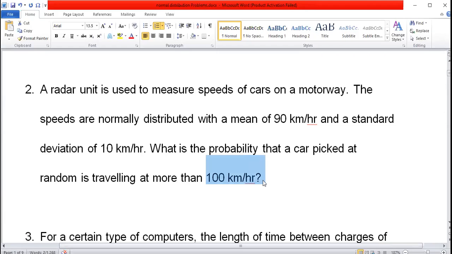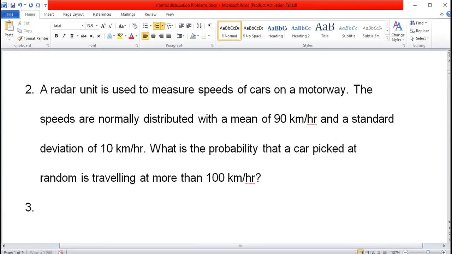So you are looking at the probability where? Probability that X is greater than 100. Exactly. This is the probability you are looking at, greater than 100. So what you do is you convert this 100 into Z. What is Z?